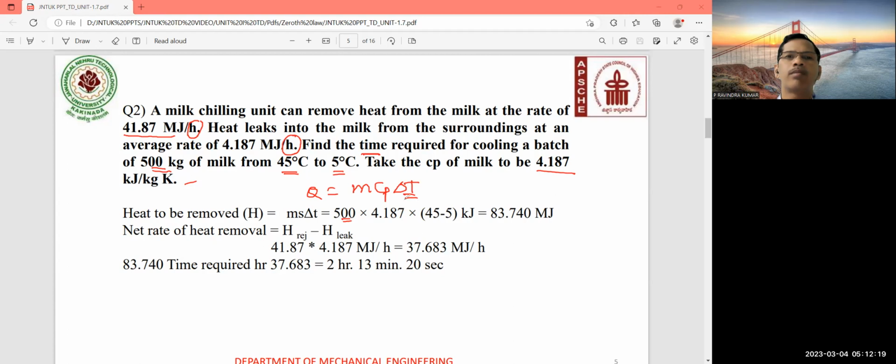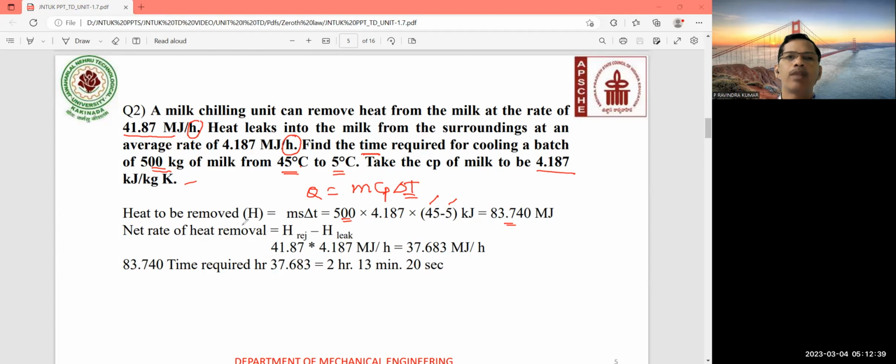You have to remove the heat from 45 degrees centigrade to 5 degrees centigrade. So you will get 83.74 megajoule.